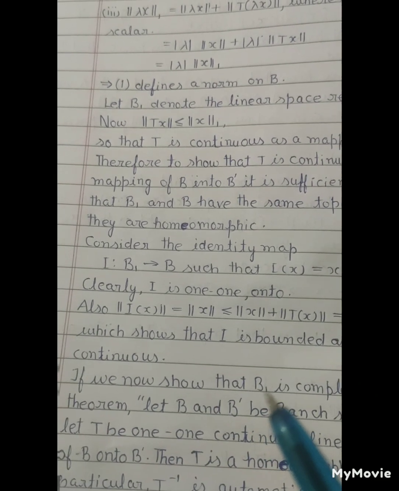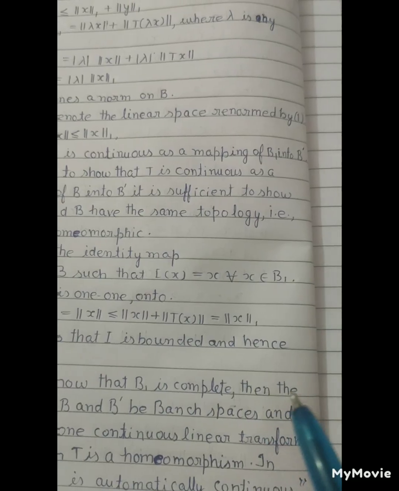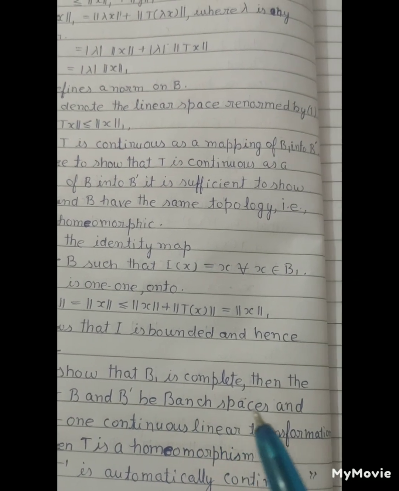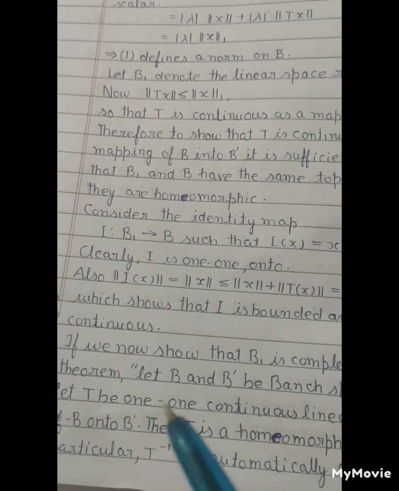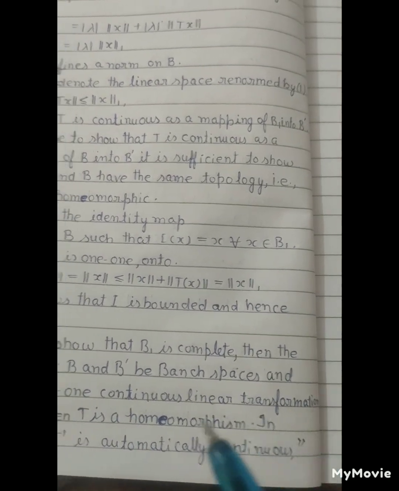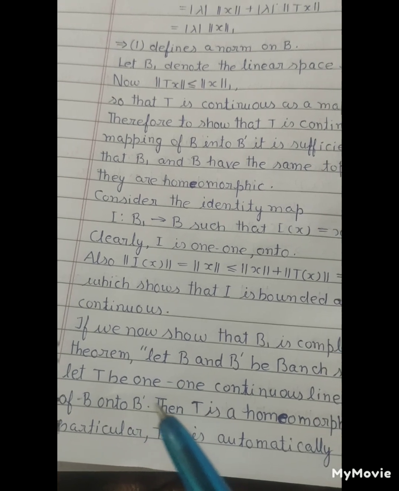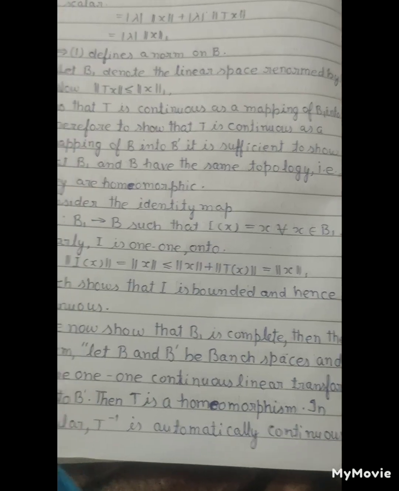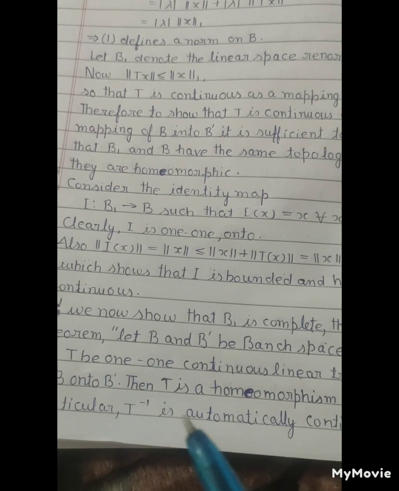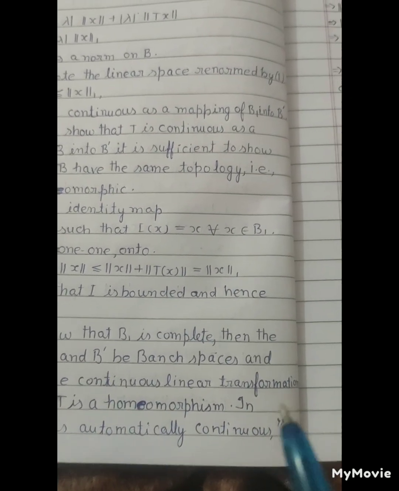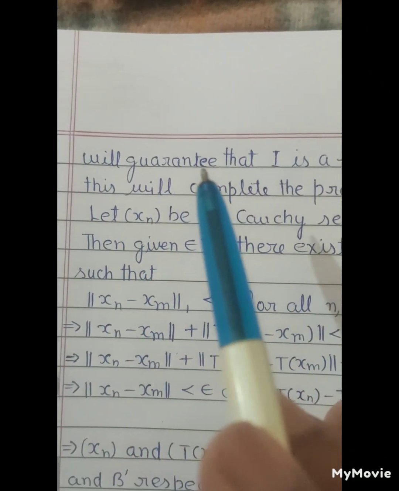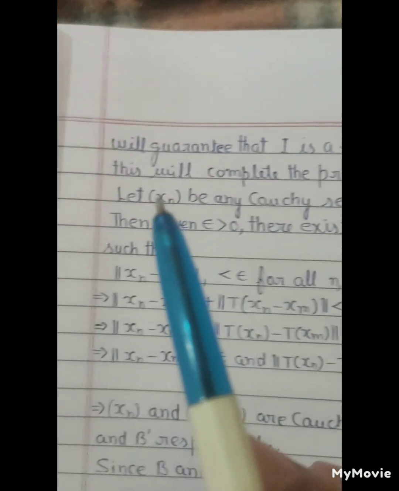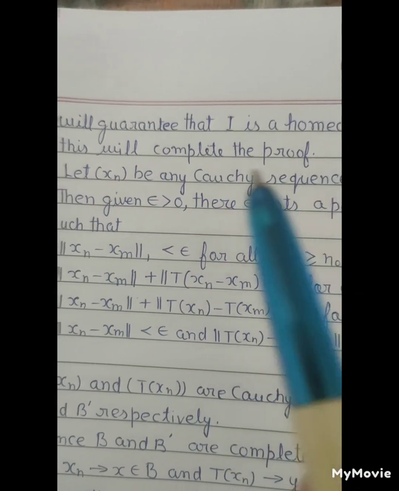If we now show that B1 is complete, then the theorem, let B and B' be Banach spaces and let T be a one-one continuous linear transformation of B onto B', then T is a homeomorphism, in particular T inverse is automatically continuous, will guarantee that I is a homeomorphism, and this will complete the proof.